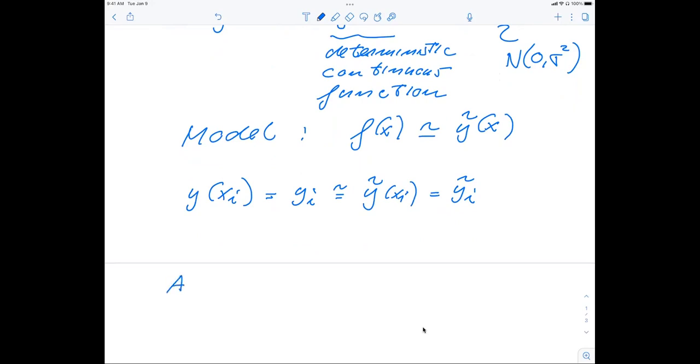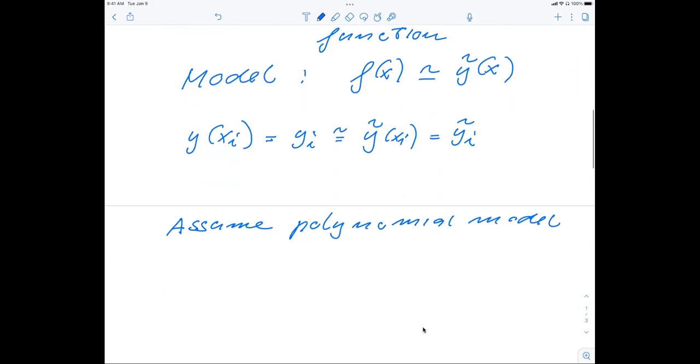So assume a polynomial model here. That means that y i tilde is going to be given by a sum from j equals 0 up to some polynomial degree.